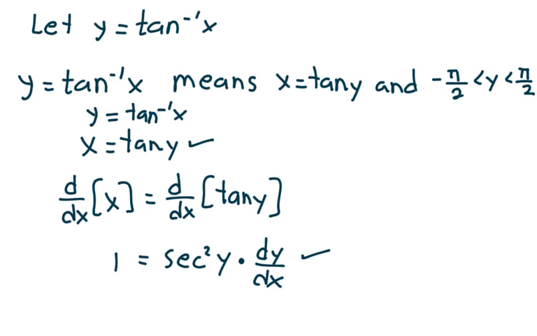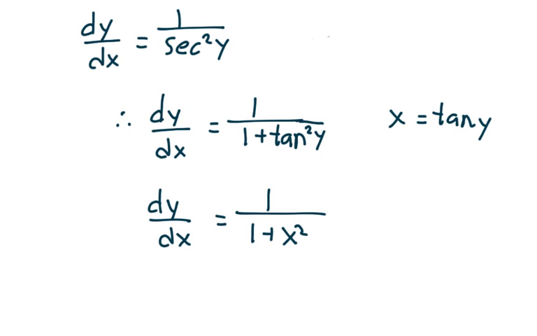And they all have a very similar derivation to each other. So I'm doing a very similar process here. So solving for dy dx, I get dy dx is equal to 1 over secant squared y. But remember, 1 plus tangent squared y is equal to secant squared y.